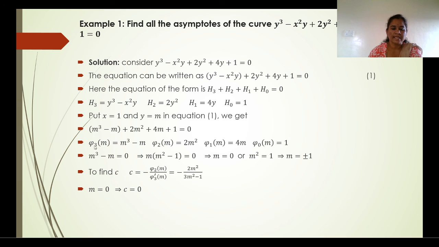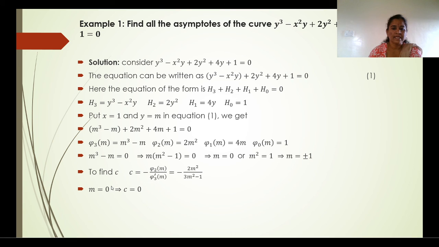So psi_3(m) is m cube minus m, psi_2(m) is 2m square, psi_1(m) is 4m, and psi_0(m) is equal to 1. Then psi_3(m), that is m cube minus m, is equal to 0. Take m outside: m times (m square minus 1) is equal to 0. We get m is equal to 0 and m square is equal to 1, so m is equal to plus or minus 1.